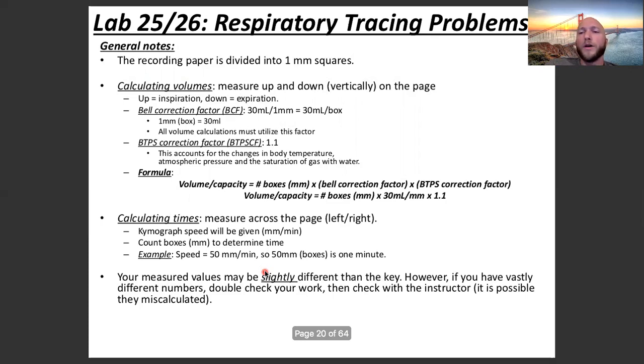If you are 1 or 2 boxes off, you're still going to get credit for the question, so don't worry too much about it. Don't be more than 2 boxes off, though, or you won't get points. Your measured value may be slightly different than the key. However, if you have vastly different numbers, double check your work, then check with the instructor if possible.